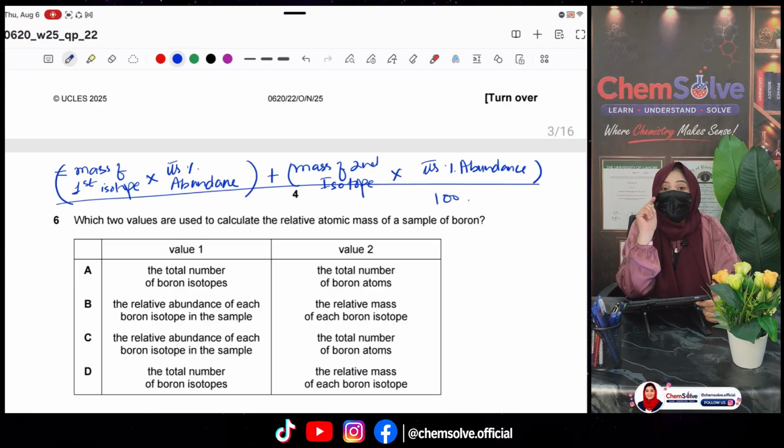So we need the mass of the isotopes and the percentage abundances of the isotopes.